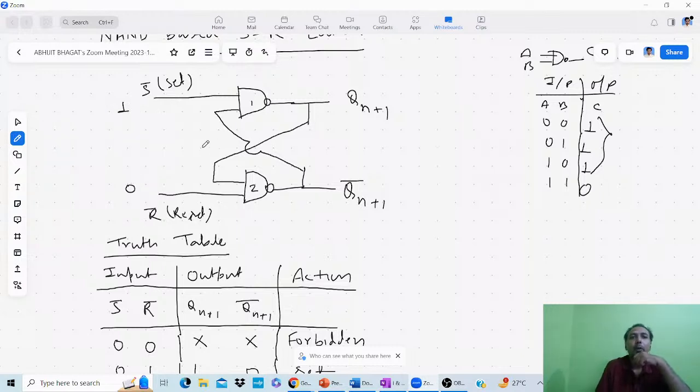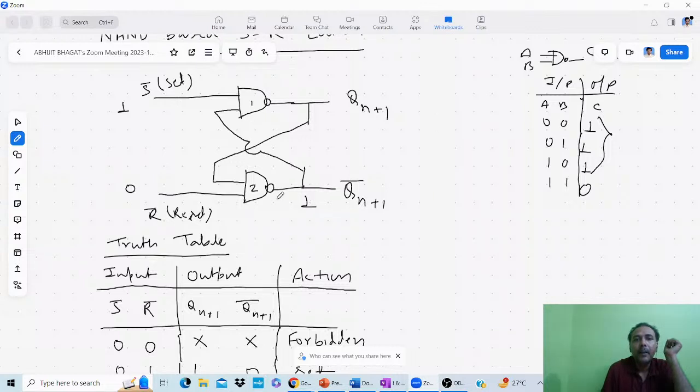In this case, you can see here this input is 0. So for gate 2, one input is 0, so whatever the other input, your output will be 1. From the truth table, you can see here, it is always 1.